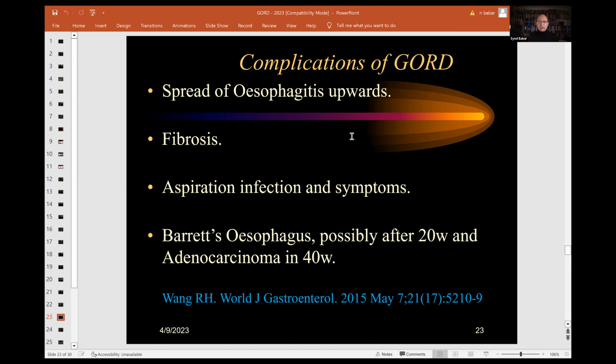In respect of untreated GORD, eventually culminating in Barrett's esophagus, this would happen after the initial suspicion minimally of Barrett's esophagus in 20 weeks. And further 20 weeks later, there is early onset of adenocarcinoma.